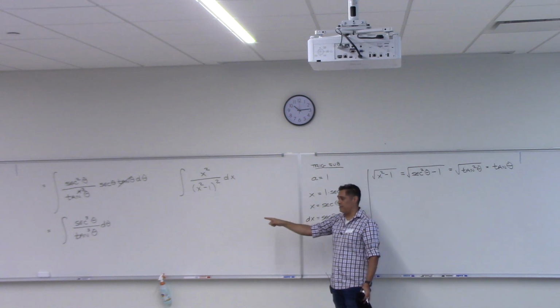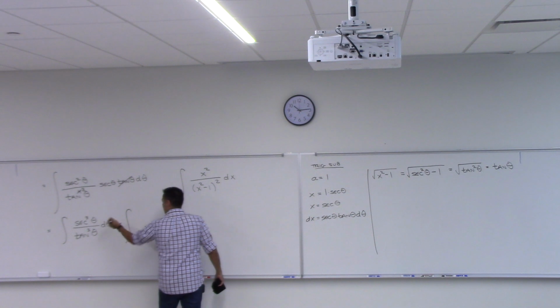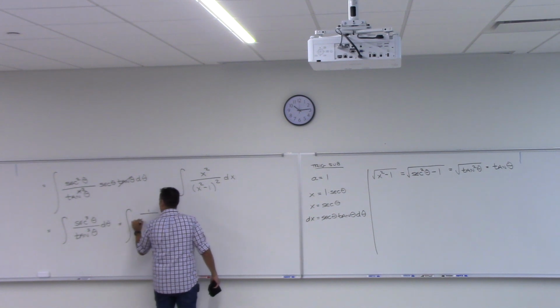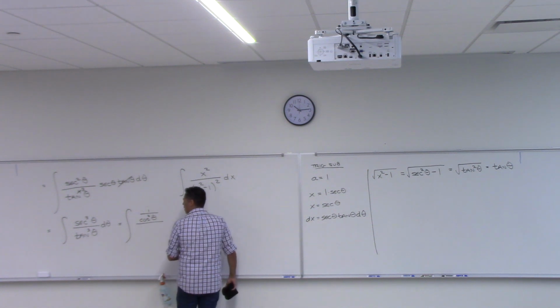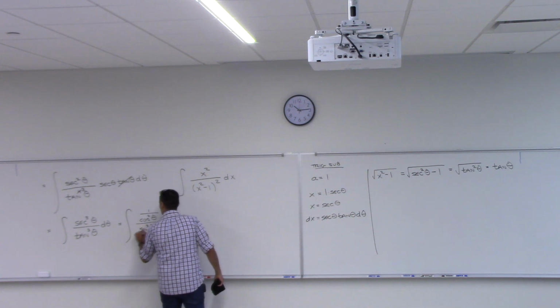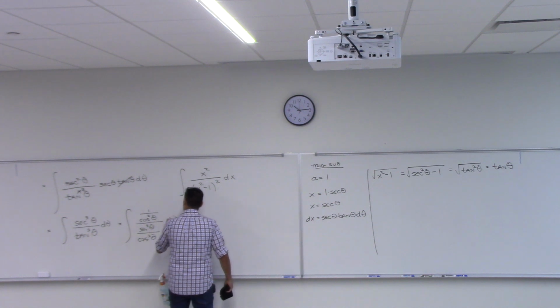I might come back to this, but I'm going to just rewrite this as, secant is really 1 over what? Cosine. So that's 1 over cosine cubed theta over, tangent is what? Sine over cosine. So sine cubed theta over cosine cubed theta, d theta, right?